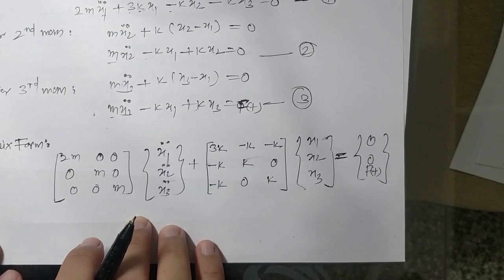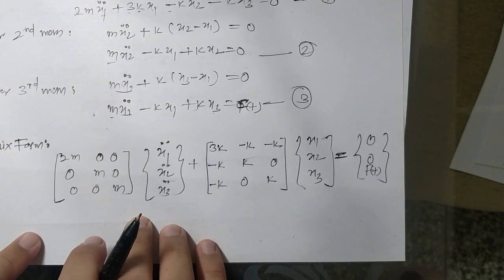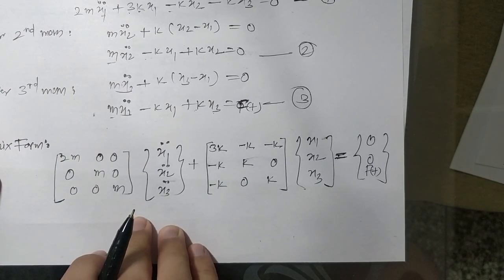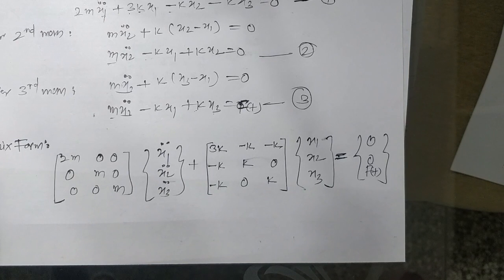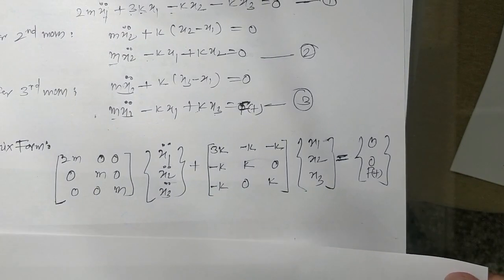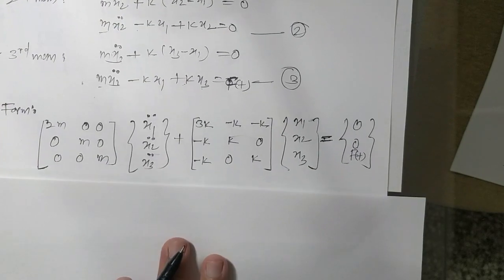So our first step is to develop the governing equation, and in the next step we need to solve the eigenvalue problem, to find the natural frequencies and mode shapes.